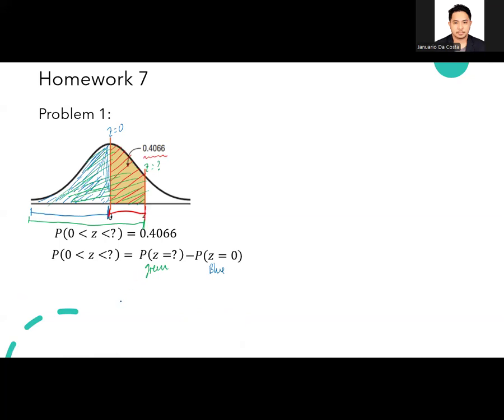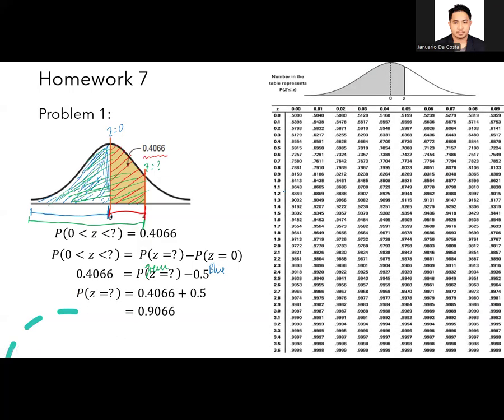Now we just look at the table. We know that this one is the area under that curve, which is equal to 0.4066. And we also know that the probability of z equals 0 is 0.5, because we look it up from the table.